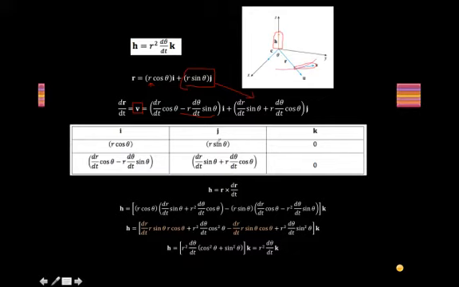To take the cross product, we can construct a matrix as shown here, and we multiply these and subtract it from the product of these two. And that is shown right over here.